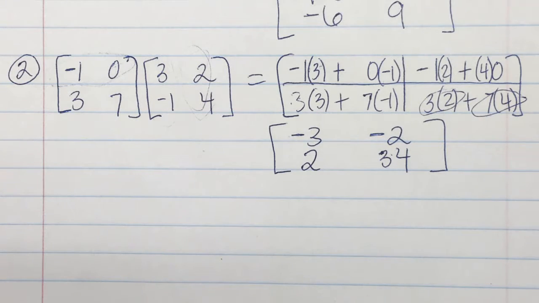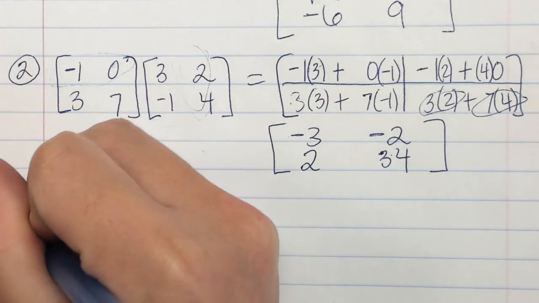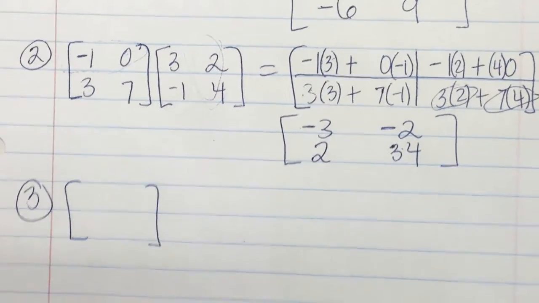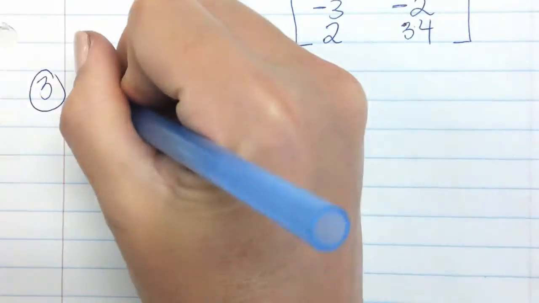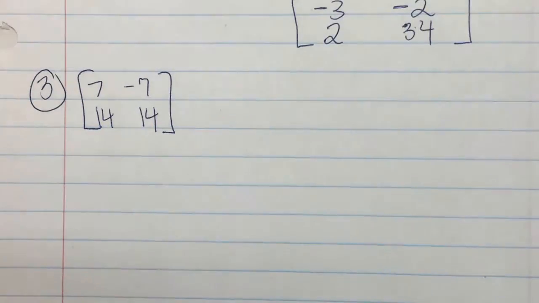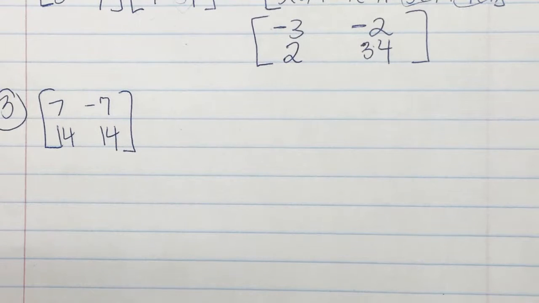Alright, who wants to share their answer with me? 7, -7, 14, 14. Alright, any of them need to change? These are correct? Do I need to go over them? Go over how to get that?